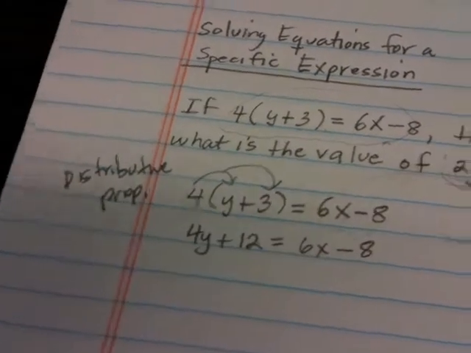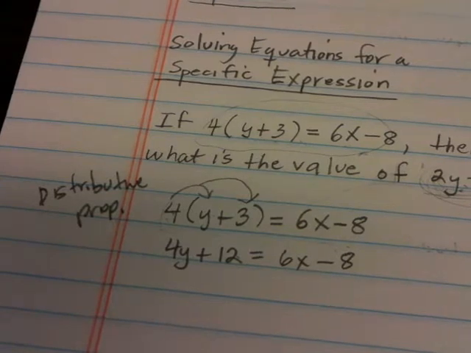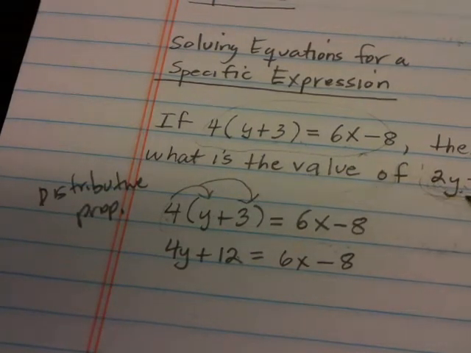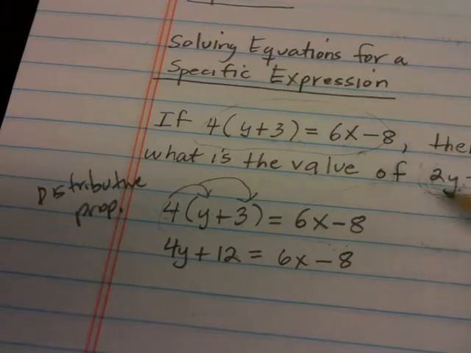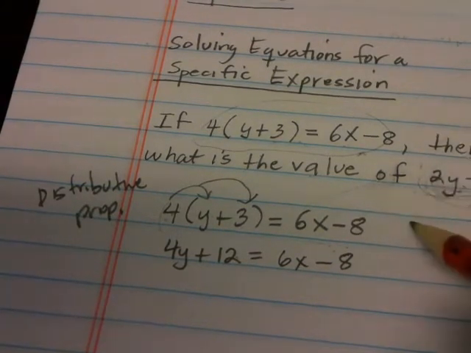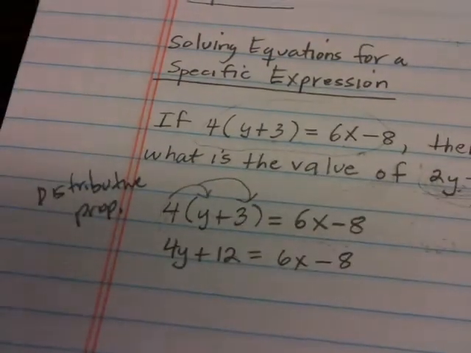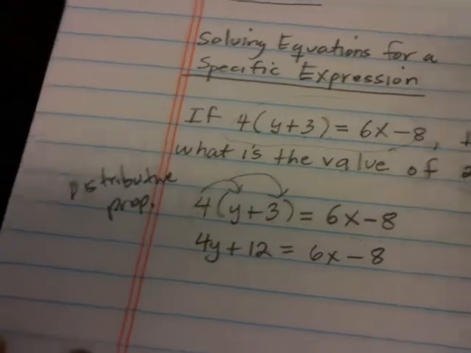Now, when we try to find the value of 2y minus 3x, we're trying to express this in terms of your y and your x together. So let's try to do that. We're going to do a couple of things.